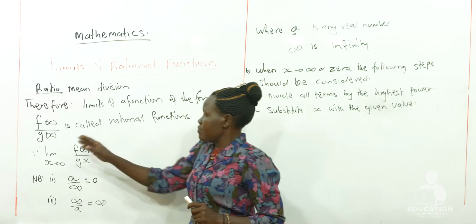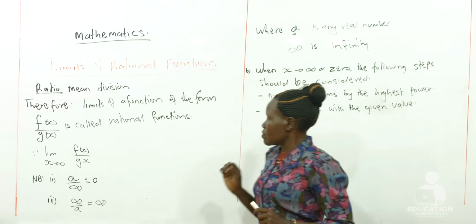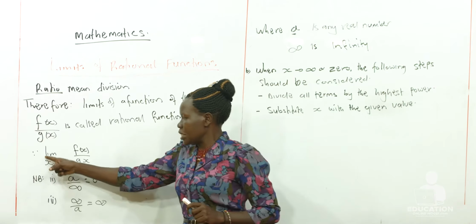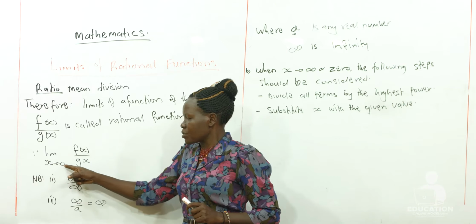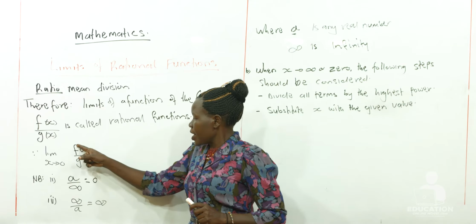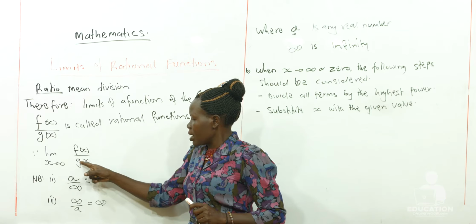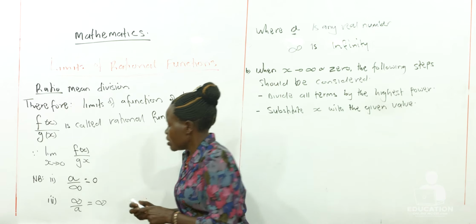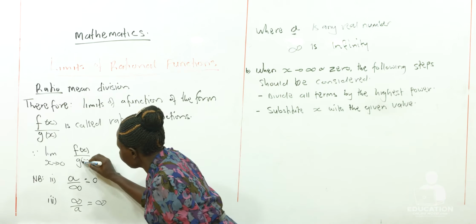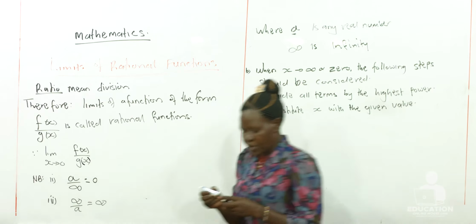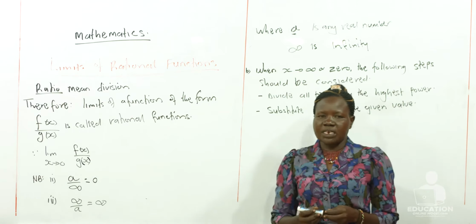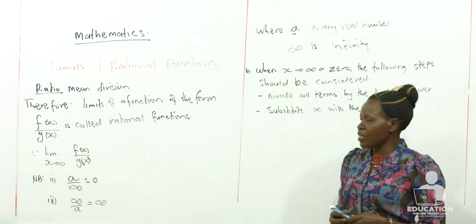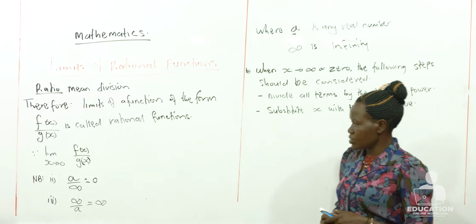And if we are to express rational functions, we always say lim when x is approaching 0, f of x over g of x, meaning that rational functions will only take place in composite functions.